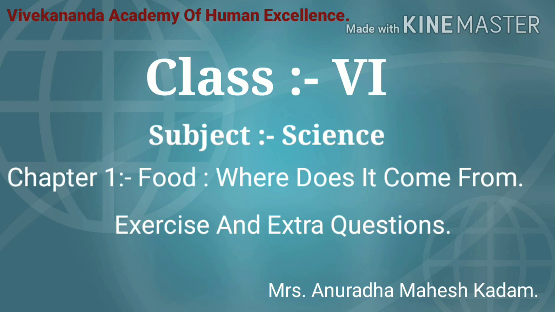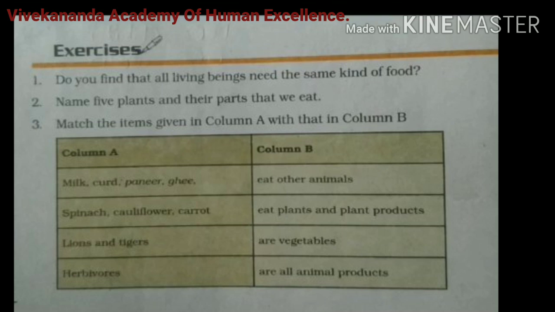Now we will move towards the exercise given in your book. First question: do you find that all living beings need the same kind of food? What do you think, students? Yes, obviously not.